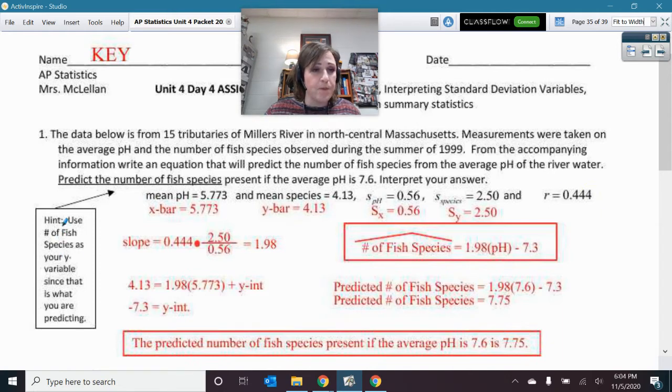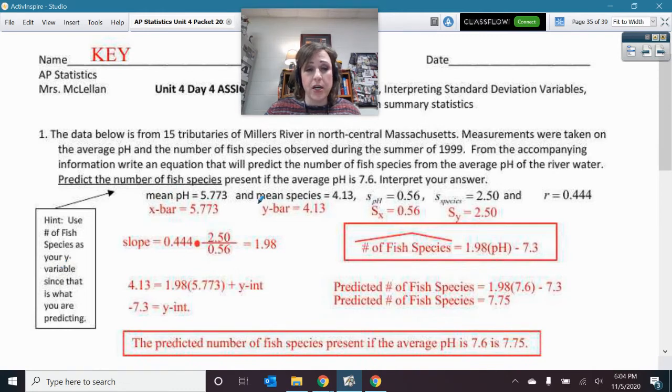Since it is asking me to predict the number of fish species present at an average pH of 7.6, that's an indication that I want the number of fish species to be my y variable, because I'm going to be predicting that. Therefore, my pH is my x.